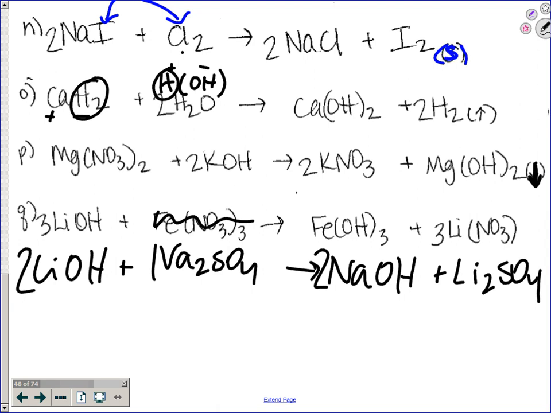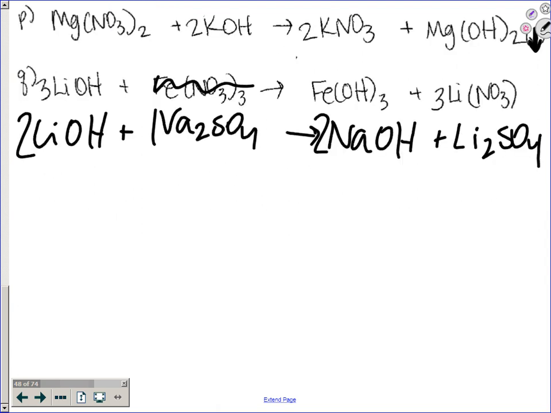So what do we write here? Hydroxides are all precipitates except for alkali metals, and sodium is an alkali, so what do I write here? AQ, because it's not in the insoluble category anymore, because it's an exception to that rule. And the rule for sulfates is what? All soluble except for a couple things, but lithium's not one of them.